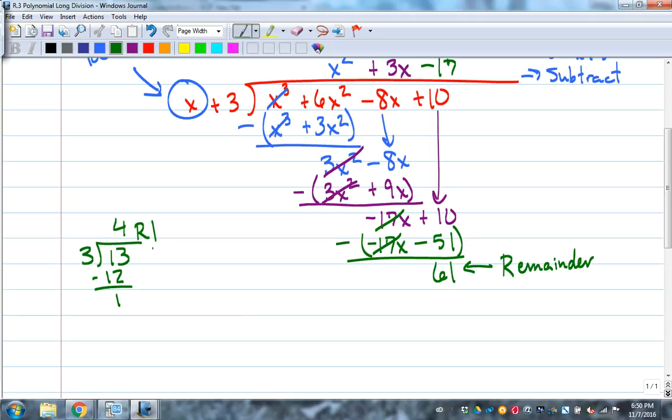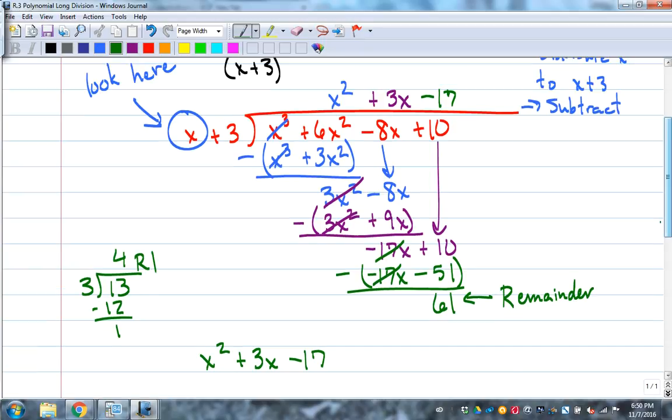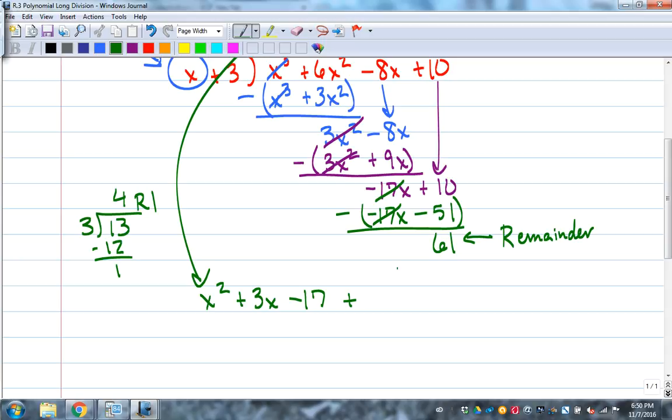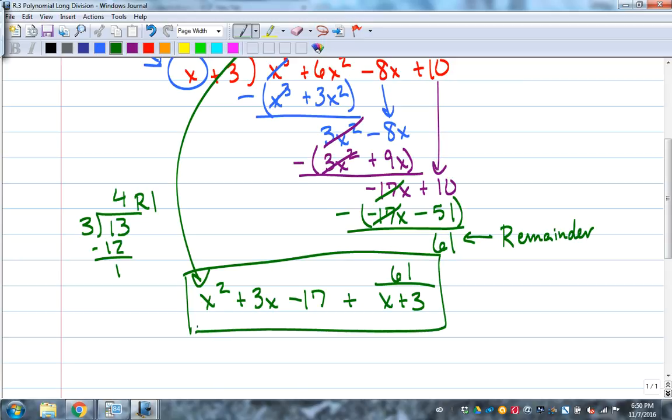So we're going to write this as the polynomial x squared plus 3x minus 17, that's from the top, and then a plus sign and 61 over x plus 3. Always a plus sign. Remainder on top, what I divided by on the bottom.